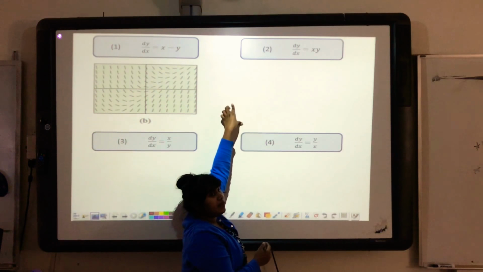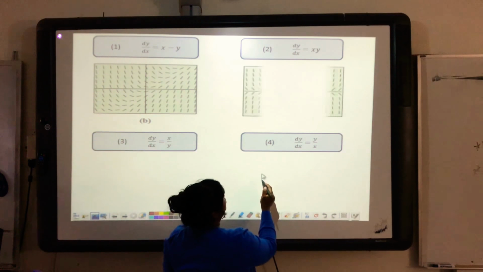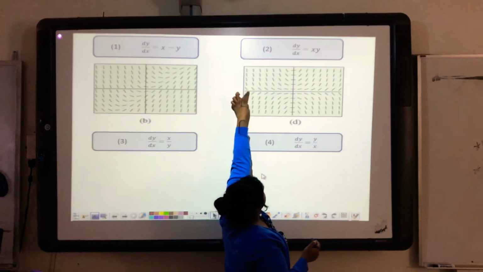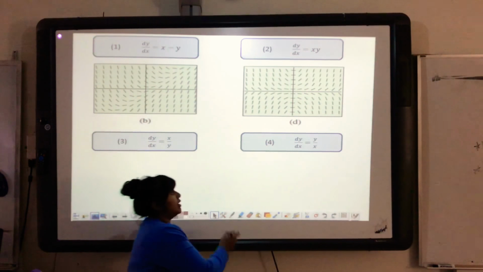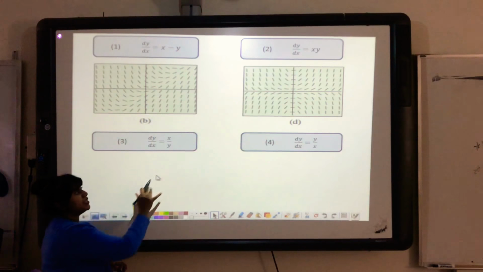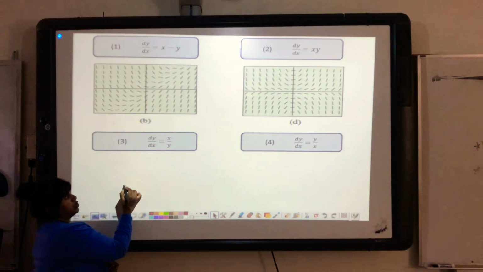What about over here? We said that anytime x equals 0 and anytime y equals 0, we should have a slope of 0. So here you can see slopes of 0 all across my axes, so that's correct. Over here we said that my x-axis, because y is on bottom, should not be approached. But my y-axis should have zeros.